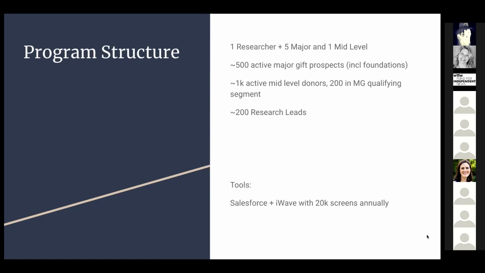I think this size, one researcher for 5 gift officers, is a pretty good workable model. I'm very, very involved with the gift officers and their portfolios. So any more than 5, I think it might get a little heavy with the meetings, but this works very well for us.